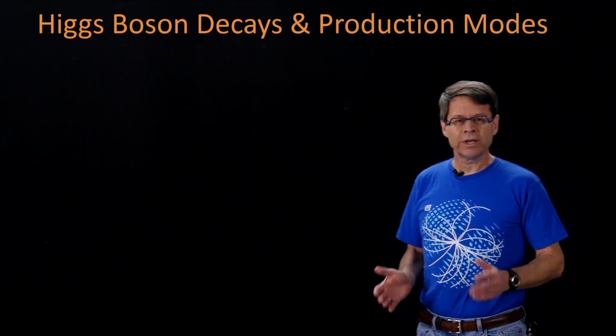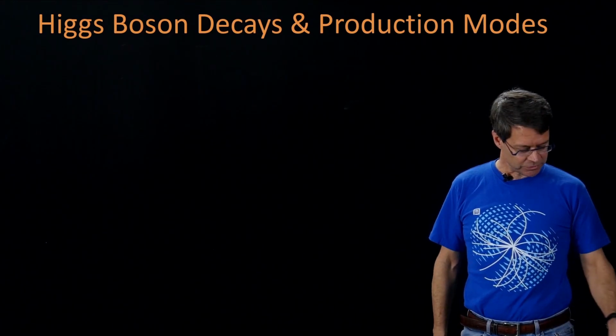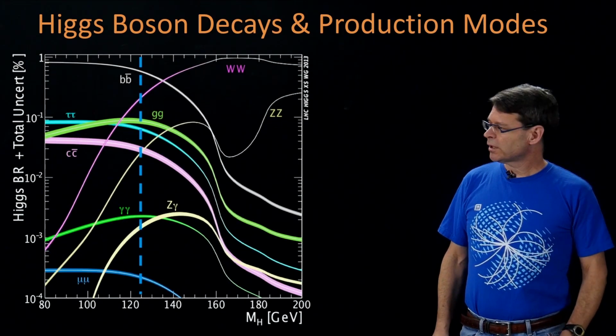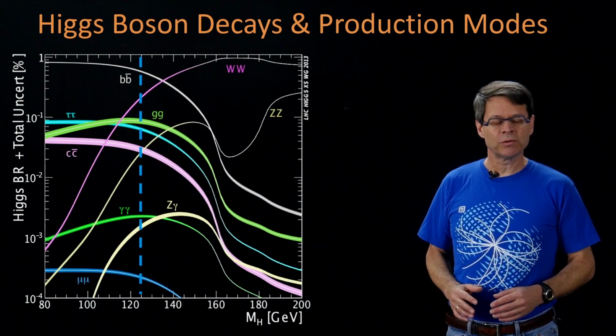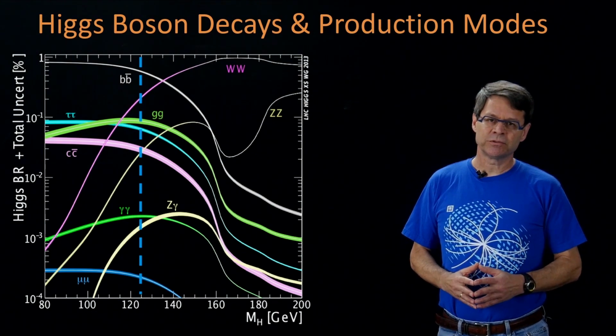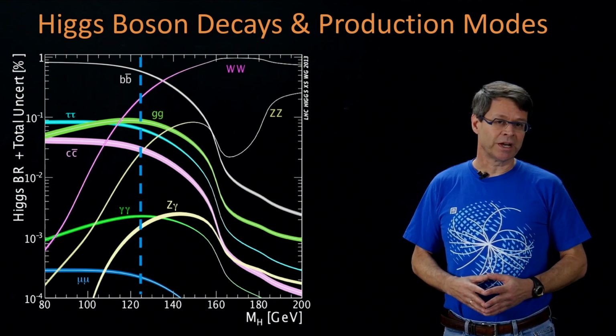Okay, so let's go ahead and discuss the Higgs boson decays and production modes. So I'm going to bring up a chart here. For many years, we didn't know what the mass of the Higgs boson was. It wasn't predicted. So experimentally, we had a tough task.